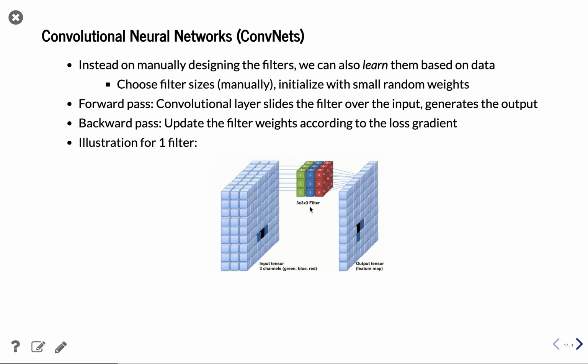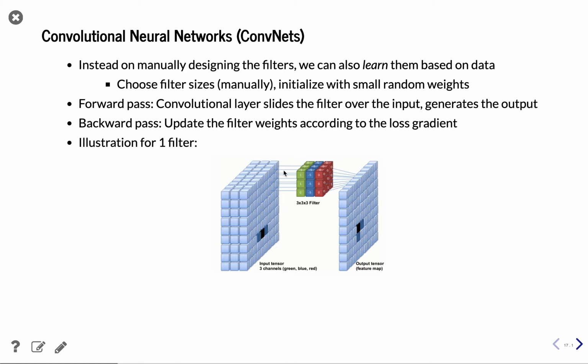Now, there are some ground rules. For instance, if the input here is a color image, which means it has 3 channels, red, green, and blue, our filter also needs to have 3 channels. We can still choose the width and the height of this filter. In this case, we choose a 3x3 filter, which means that for this color image, we need a 3x3x3 filter.